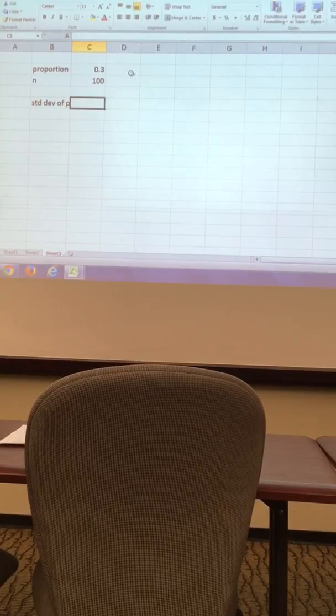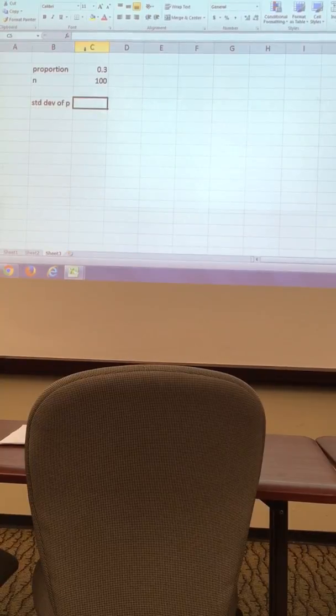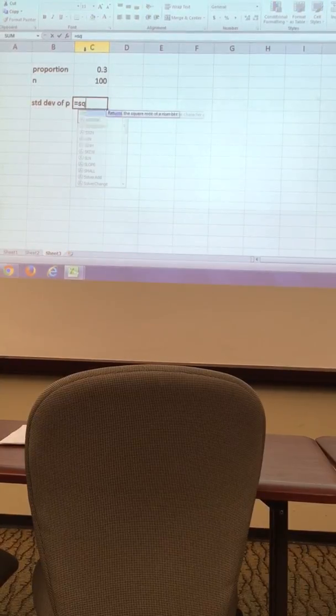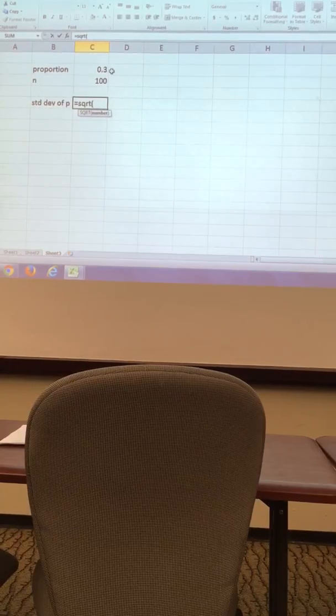The standard deviation of P is going to be equal to the square root of our population proportion times 1 minus the population proportion, divided by the size of our sample.